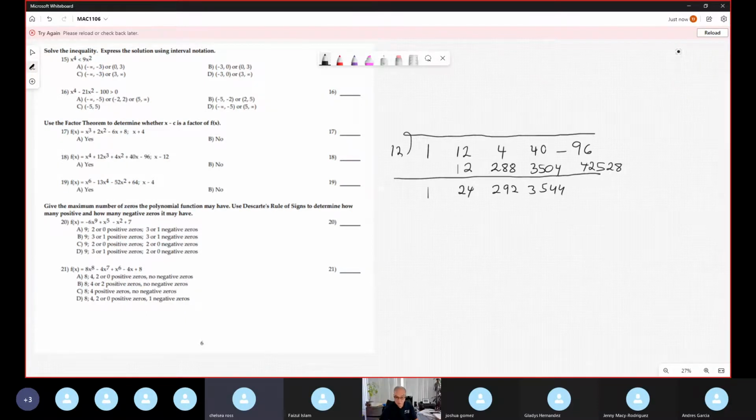Okay, now let me copy to my paper. 42,528. Now subtraction, because the 96 is negative, is 42,432. So no zero. And if no zero, it's because the answer is no. I mean, this factor, x minus 12, doesn't belong to this polynomial.